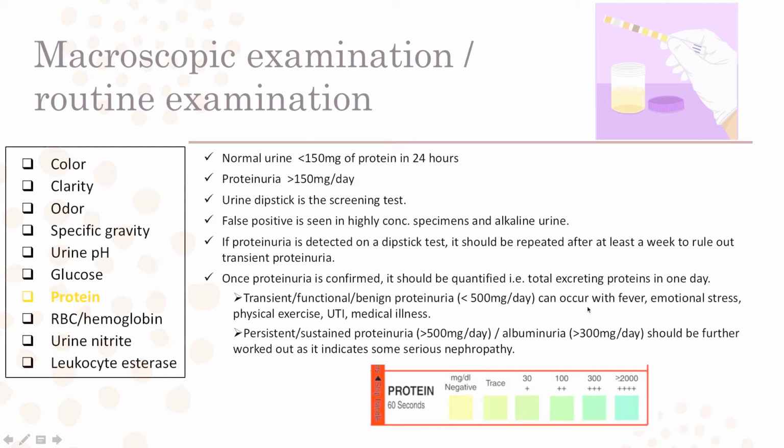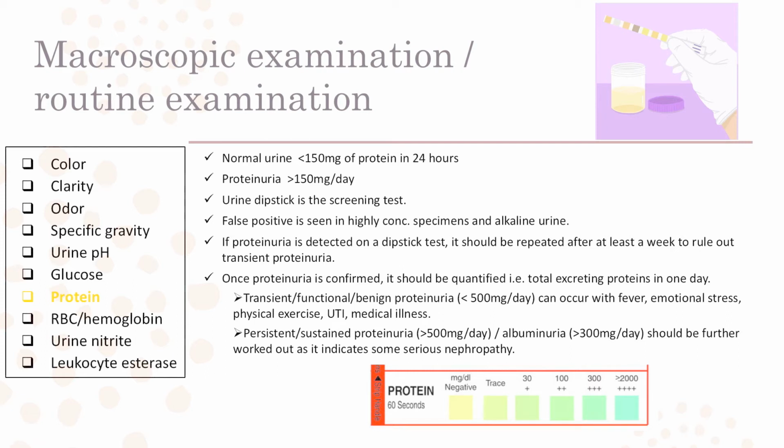So transient proteinuria can occur, as you can see here, with approximately up to 500 milligrams per day lost with fever or emotional stress or exercise or urinary tract infections, as we learn, medical illnesses, right? This is called transient functional or benign proteinuria.